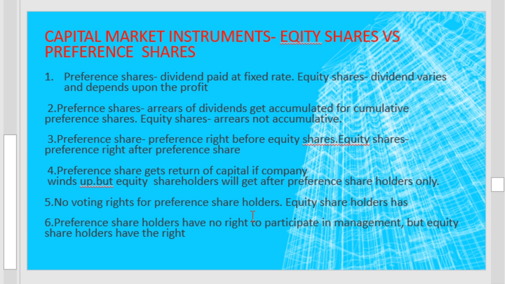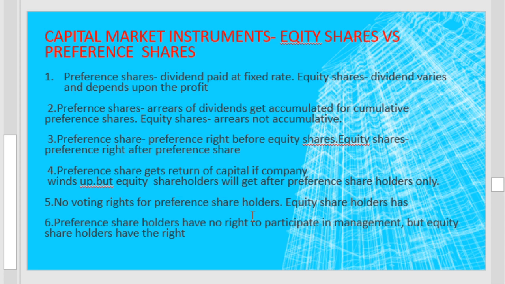The fourth difference is that during winding up, preference shareholders have the right to return of capital before equity shareholders. Equity shareholders will get their return of capital only after the return of capital has been paid to the preference shareholders, so they have a second position.